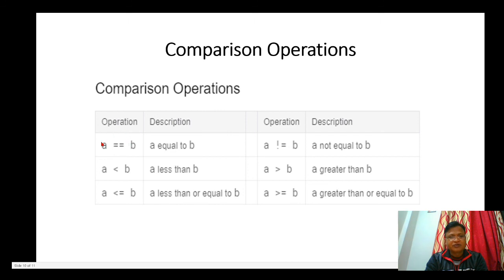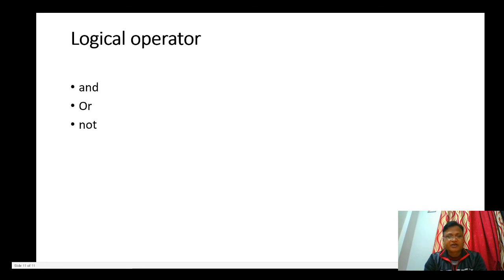If the values of A and B variables are the same, then the output will be true, and if both values are not equal, then the output will be false. So the important thing, always note down that the output of comparison operators and the output of logical operators will always be in the form of true and false. The practical part we will see in the practical session.